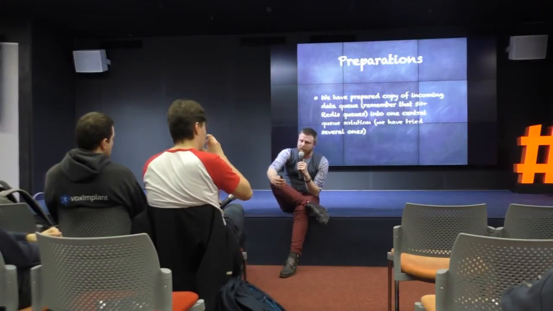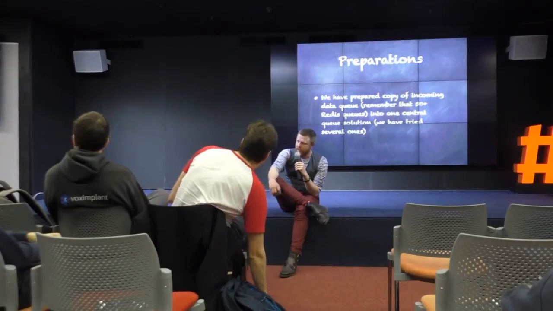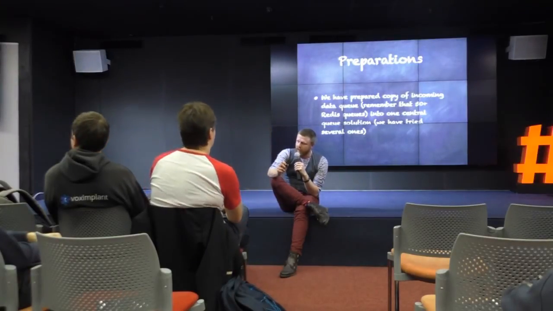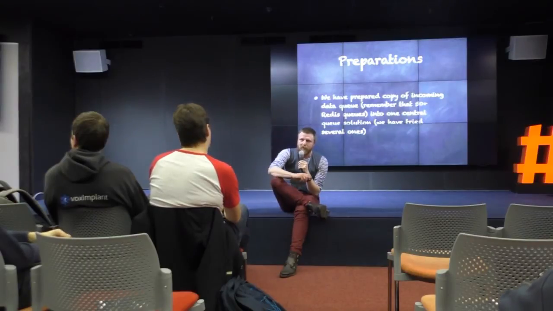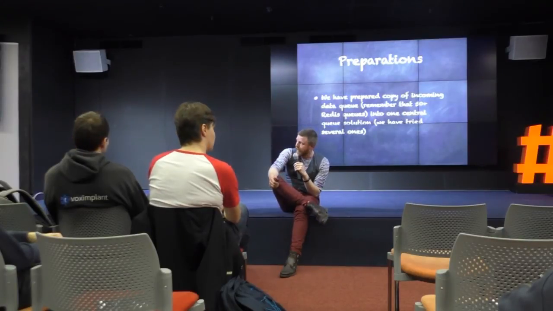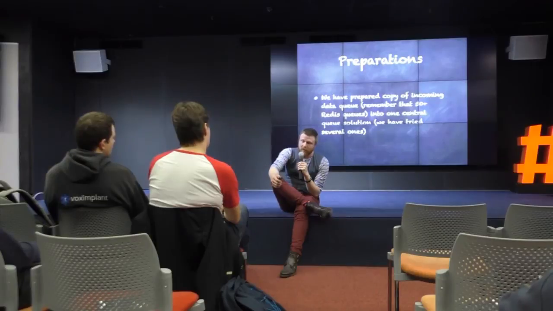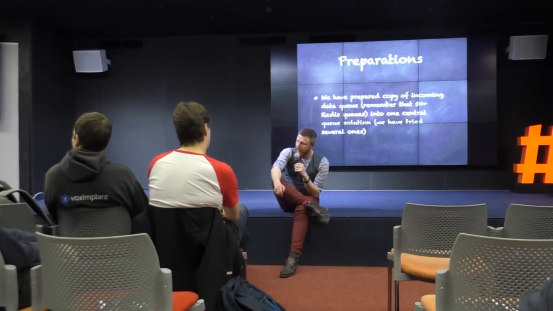So we got back to Redis queues, and used them on the databases. So we have used some crazy Postgres sharding tool, which was not able to handle all the data changes because it was somehow limited to 10,000 writes per second. It was not enough.